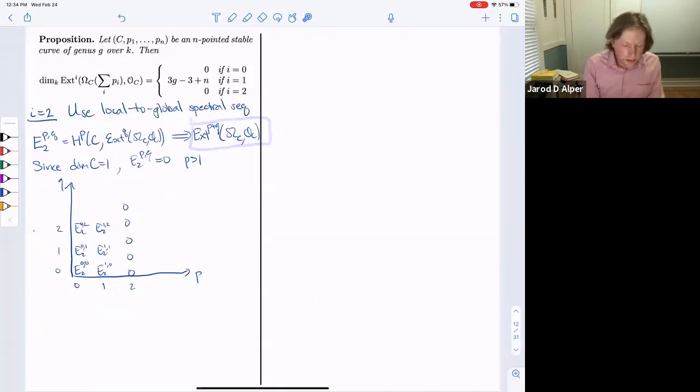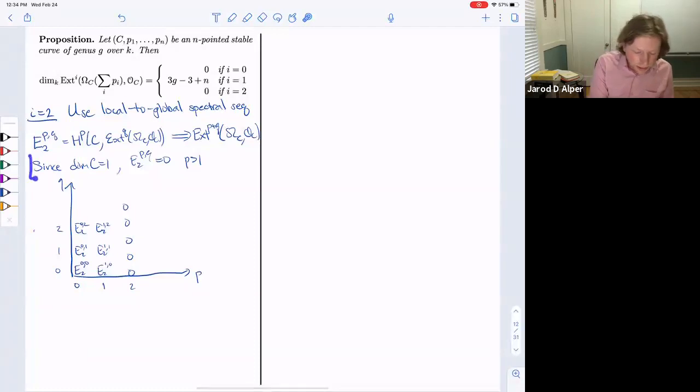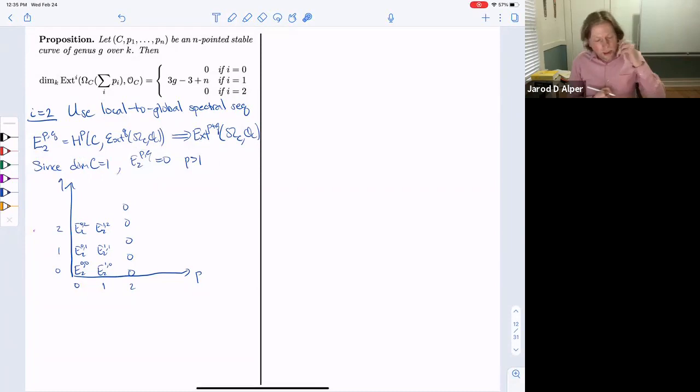We're going to compute the individual terms on the E2 page. And the first observation, which I've already written, is that since the dimension of C is 1, all cohomology vanishes when p is greater than 1. So E2^(p,q) is 0 when p is greater than 1.